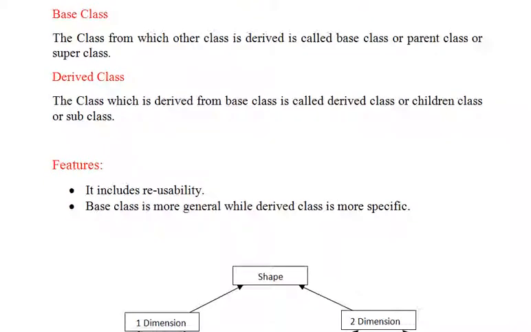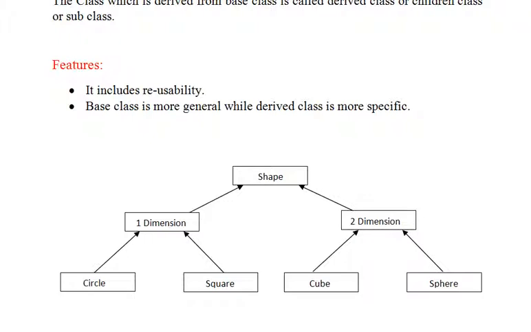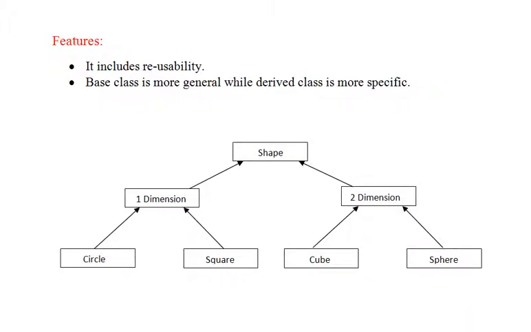Another thing is that the base class is a more general class while the derived class is more specific. What does this mean? Let us take a look at an example of how we can use inheritance. From that we can know what is more general and what is more specific.